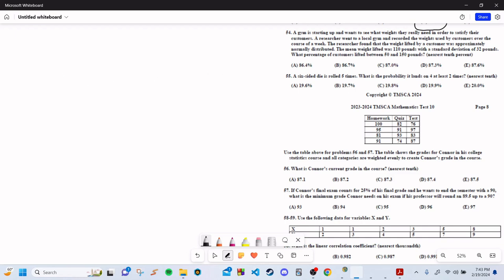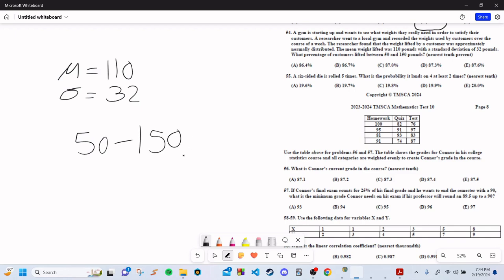The mean weight is 110 pounds, and its standard deviation is 32. And we want to know what percentage of customers lifted between 50 and 150 pounds.